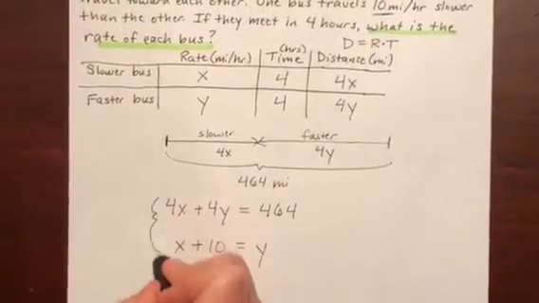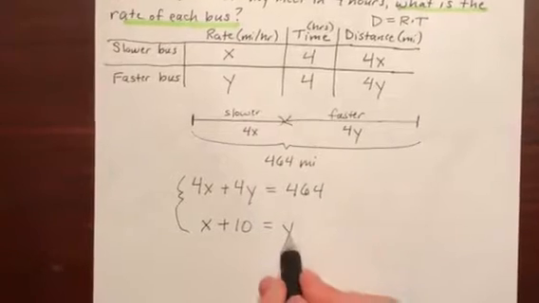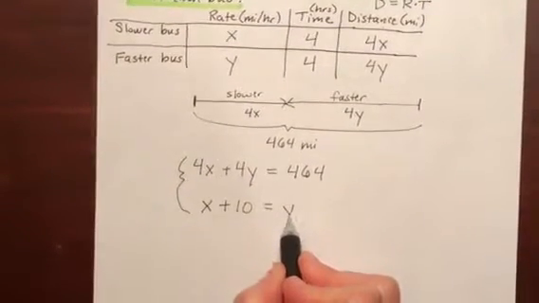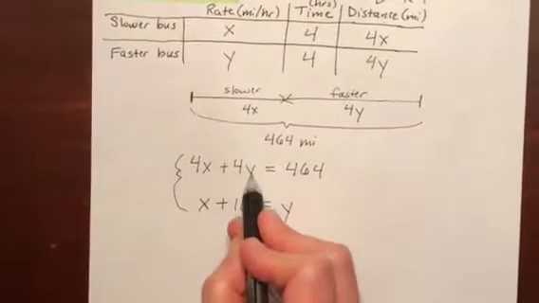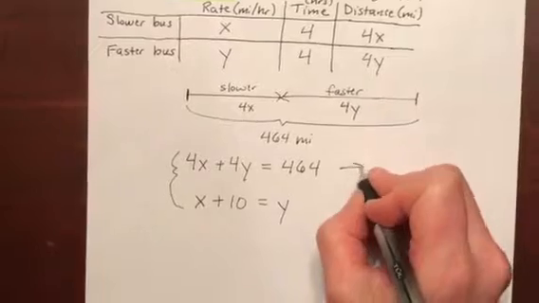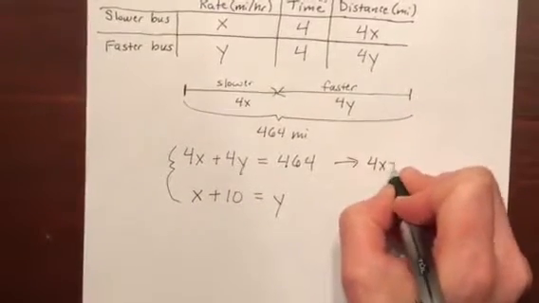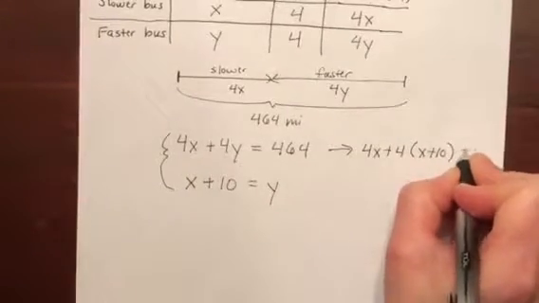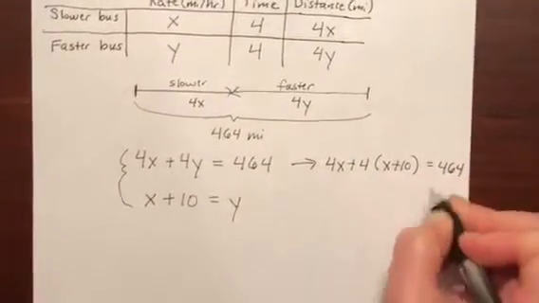Now this is my system of equations, and I can use this to solve by substitution. I can replace the y in this first equation with x plus 10. So this first equation becomes 4x plus 4 times (x plus 10) equals 464.